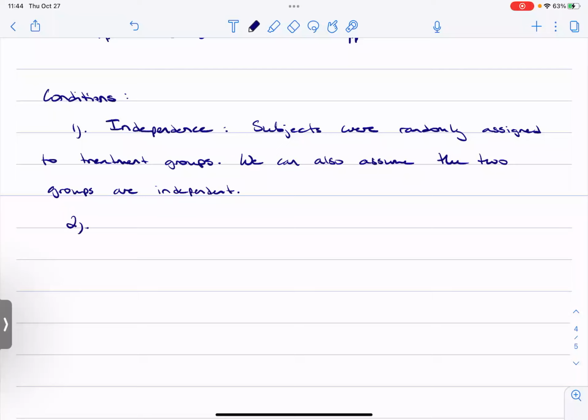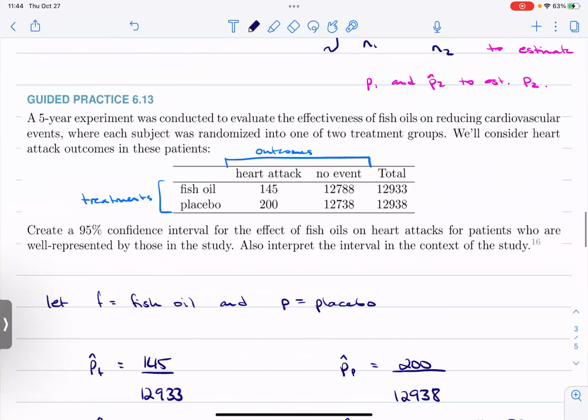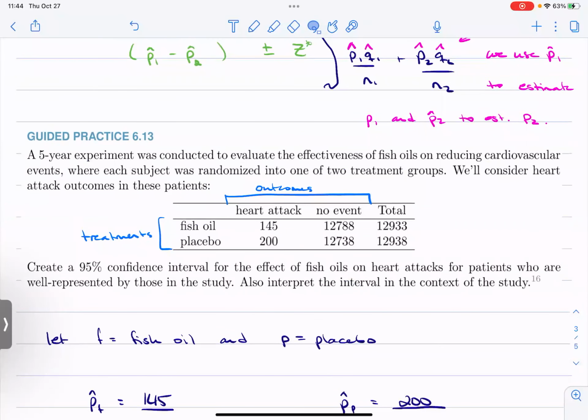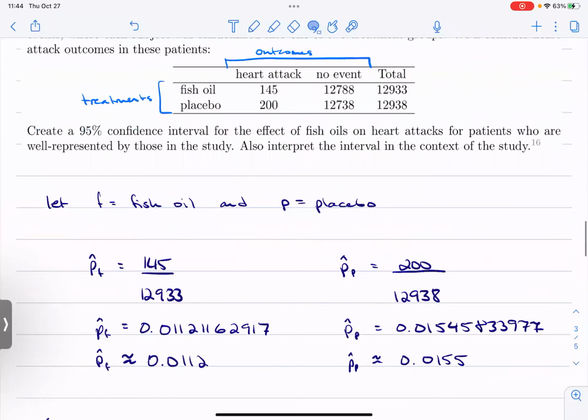Success failure is the next condition that we have to check. I need to have at least 10 successes and at least 10 failures in each of the groups. And so what we can do is just look at these numbers.